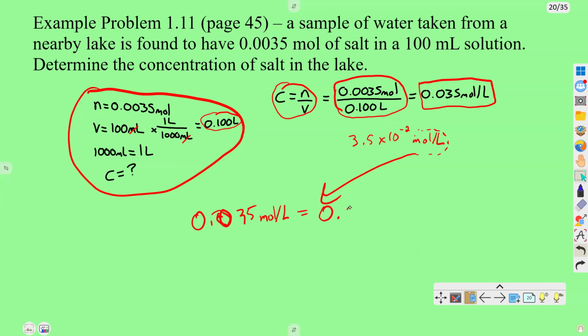Sometimes they will abbreviate the units of moles per liter with a capital M. So this capital M is the same thing as moles per liter. You can use those two interchangeably with each other.